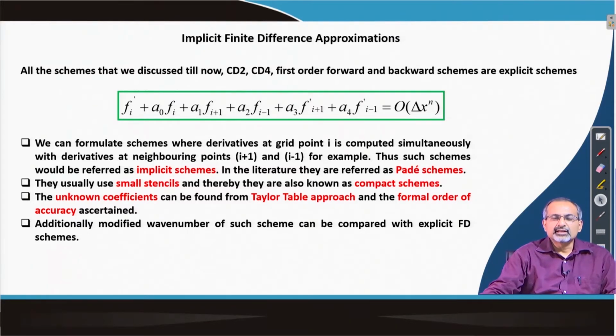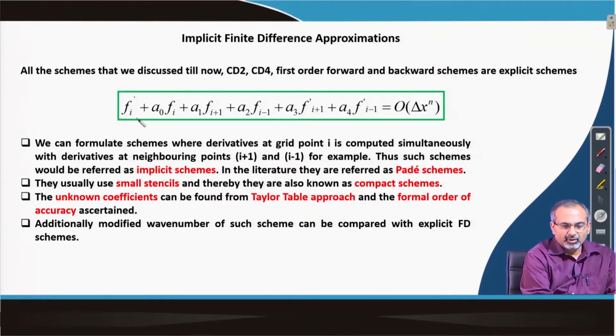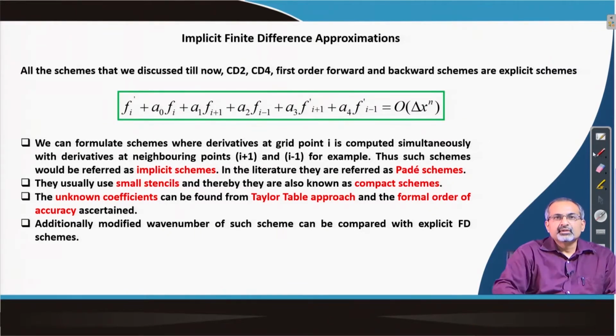So, we recall that there could be finite difference approximations possible where you could have a number of derivatives as unknowns in a given finite difference approximation, and this would mean that you would not be able to compute the finite difference approximation for each grid point using a single equation.